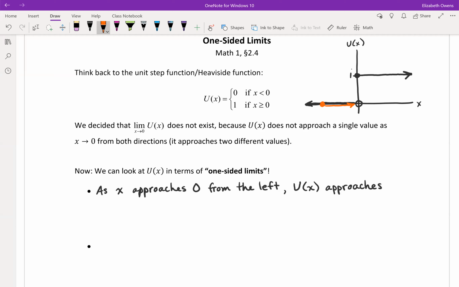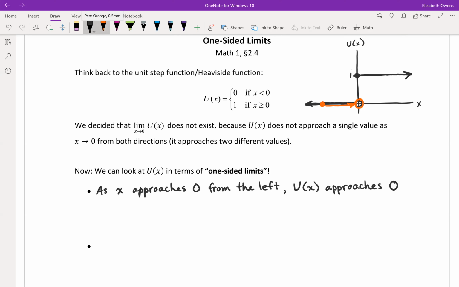We are totally ignoring this entire other piece of the function. We don't even know what's going on over there. We're only coming in from the left. So it looks like the limit we're approaching is a y value of 0, staying flat like that, because we don't know about this piece when we're coming in from the left. So as x approaches 0 from the left, u of x approaches 0.